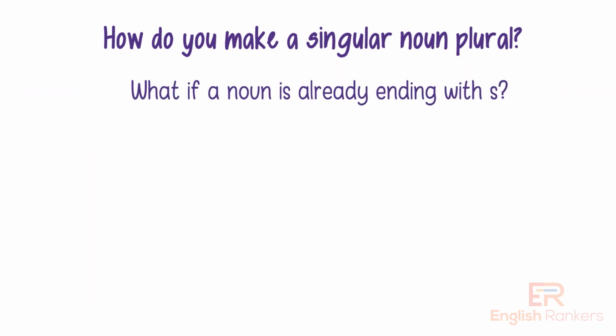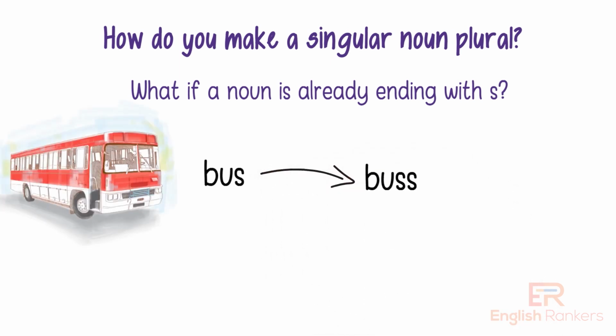What if a noun is already ending with S? Do we need to put another S? So bus in plural should be written as busS? No, we have a different rule for it.